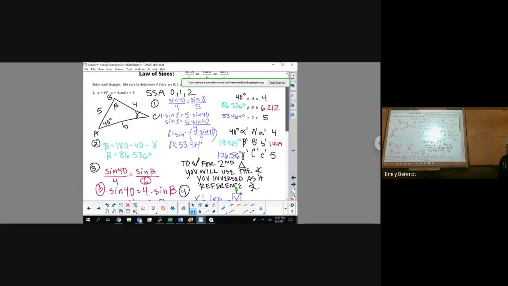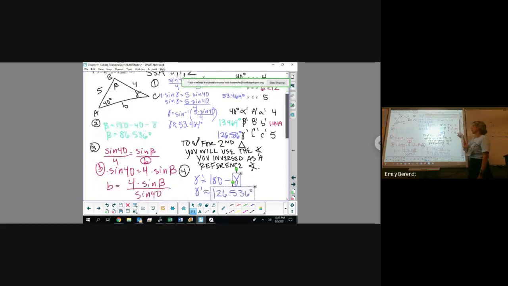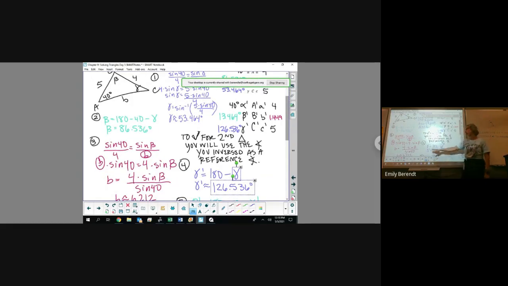You don't check for two triangles with ASA. You don't check for two triangles with AAS. Only ASS. Always check for two. And the check, after you complete your first chart, it's always the reference angle idea of 180 minus the angle you got from the inverse. So it comes back to step one.